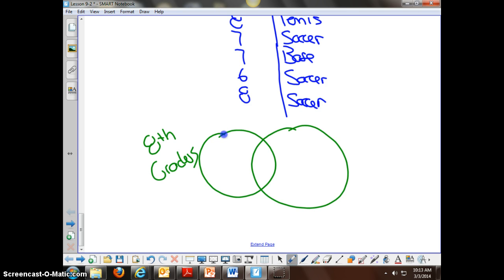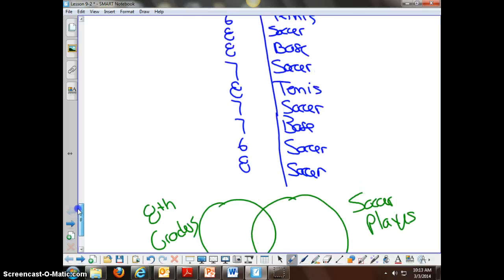We're going to label one side of our Venn diagram soccer players. And in doing so, I would just suggest going through the data one piece of information at a time.